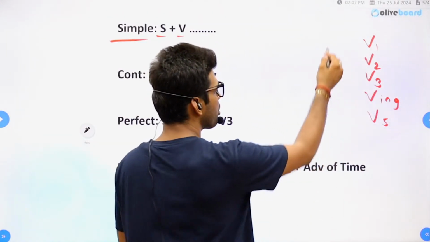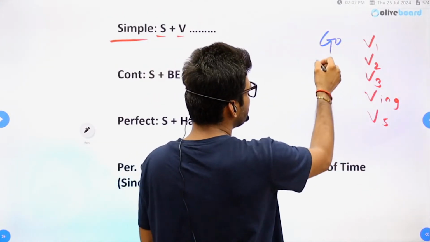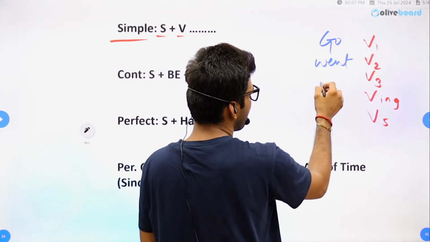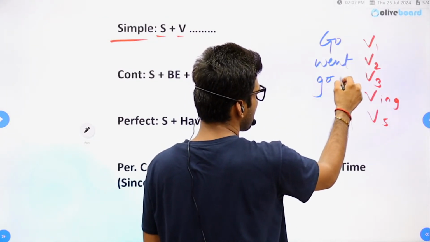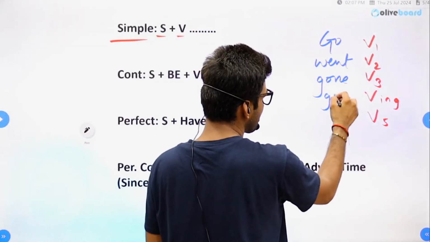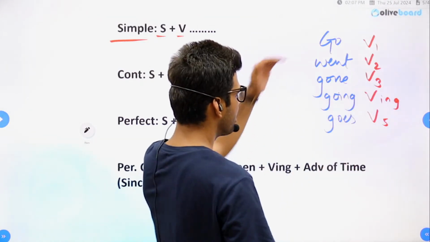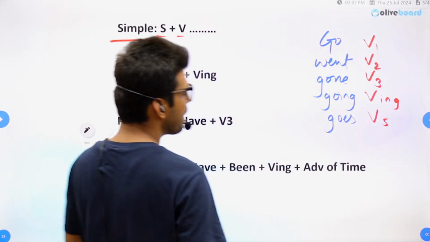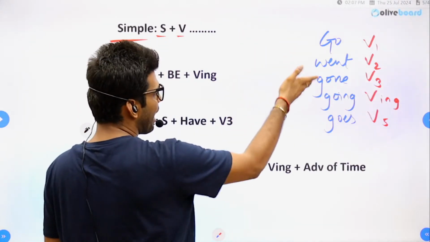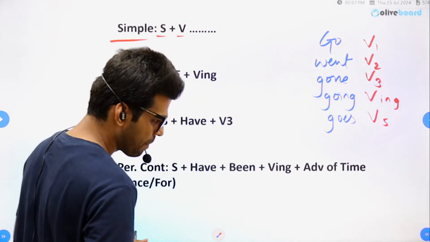For example, take go: second form went, third form gone, fourth form is the ing version, going, and the fifth form is goes. We can say do, did, done, doing, does. We can say have, had, had, having, and has, and all the others.